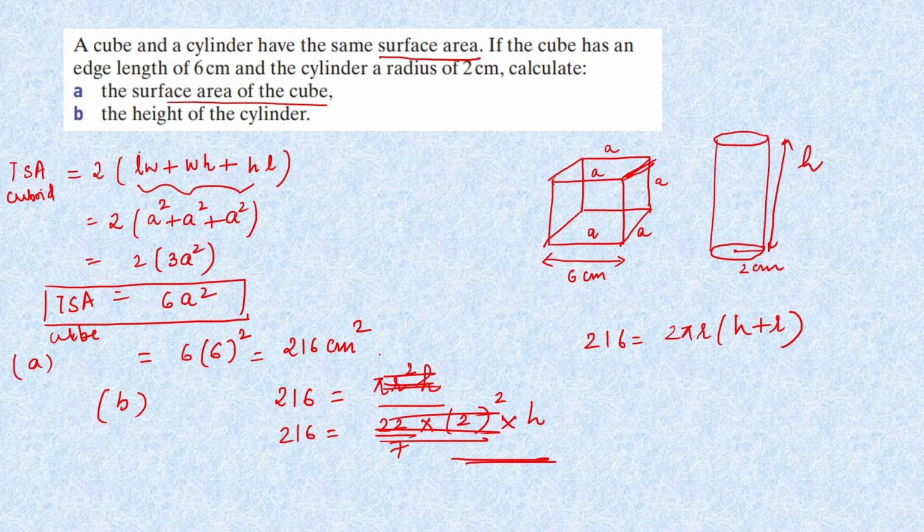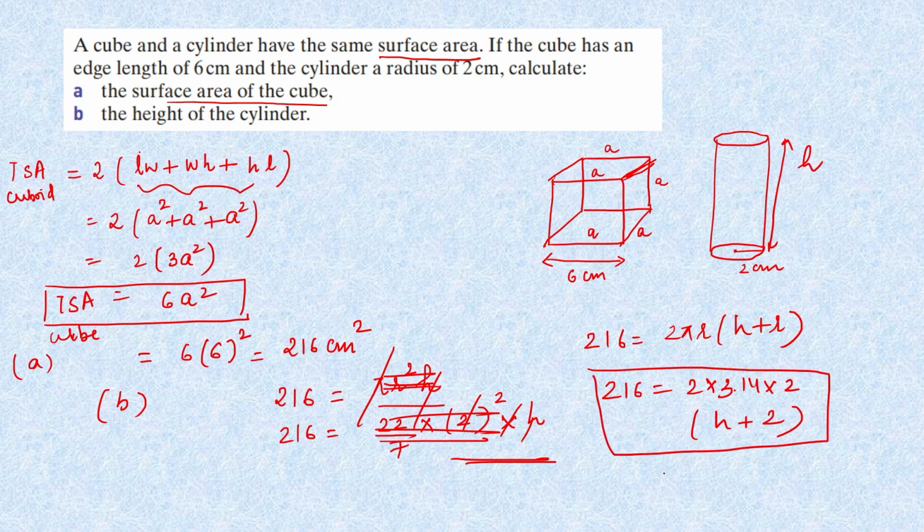I'm sorry for this. So 216 is equal to, we'll just substitute the values, 3.14 into 2 into (h plus radius, which is 2). Now from this you can find out the value of h, which is basically the height of your cylinder. I had just written another formula, I'm very sorry for that.